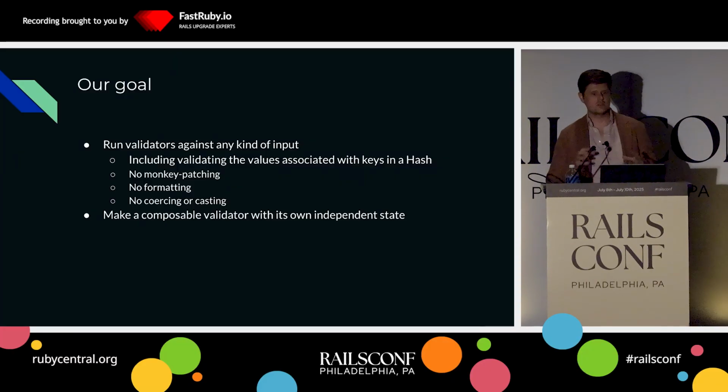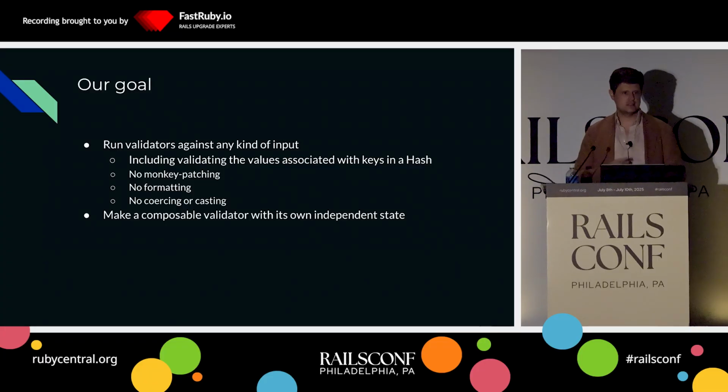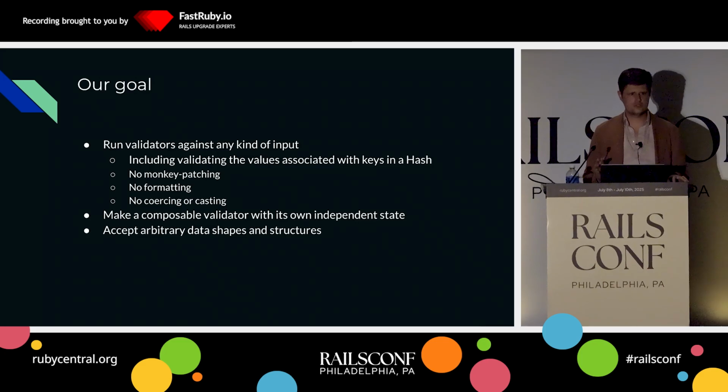We're also going to have it have its own independent state at the instance level, so nothing global, nothing dependent upon any other validations that might have been registered in your system. And we're also not going to care about the shape or the structure of that data. If you have hashes in an array, it's going to work. If you have hashes that are deeply nested, it's going to work. If you've got a mixture of hashes and models, it'll all work.